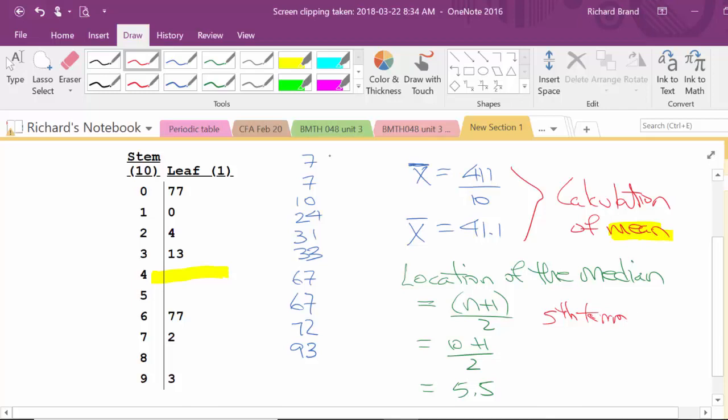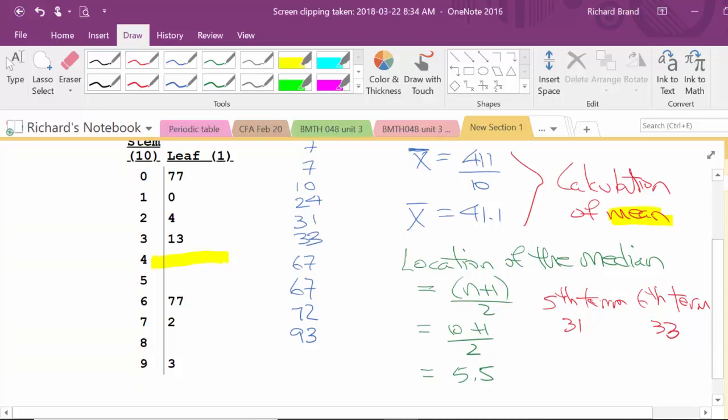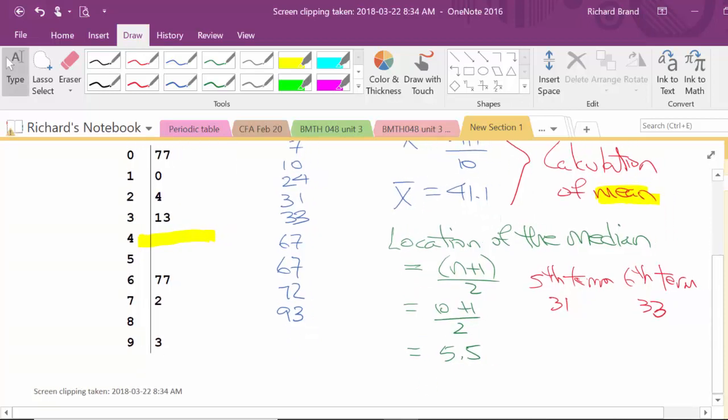The 5th term is, well, in my ranked data, 1, 2, 3, 4, 5. The 5th term is 31. The 6th term is 33. The numerical average of 31 and 33 is 32.